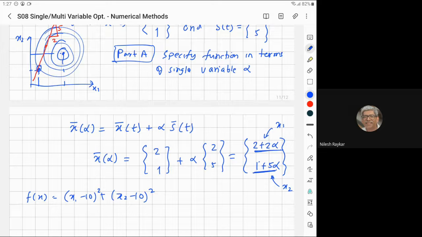Can you think and tell how it can be done? Substitute x1 and x2 with the values given in terms of alpha. So we'll substitute: (2 plus 2 alpha minus 10) the whole squared plus (1 plus 5 alpha minus 10) the whole squared.